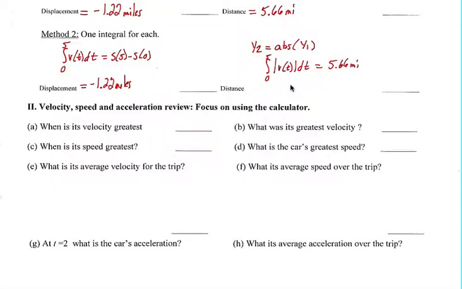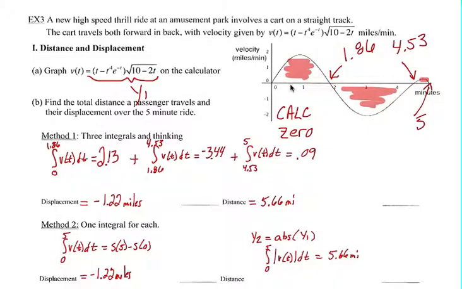So we are only looking at the positive, and there aren't very big velocities here. The big velocities are over here, and the largest velocity is going to be up over here. So you want to see whether you can get your calculator to identify that point.